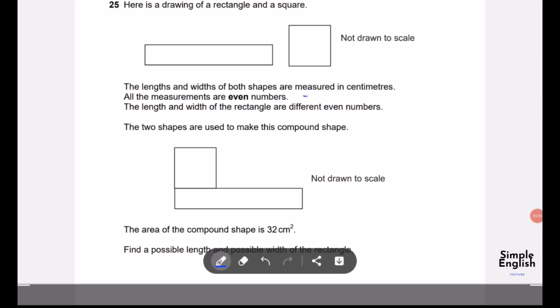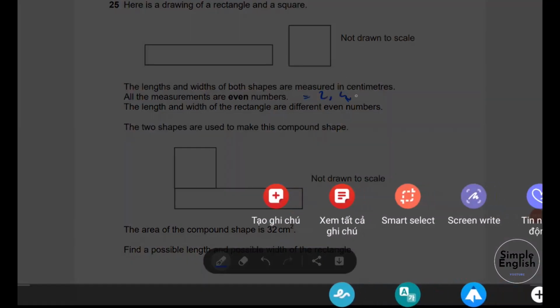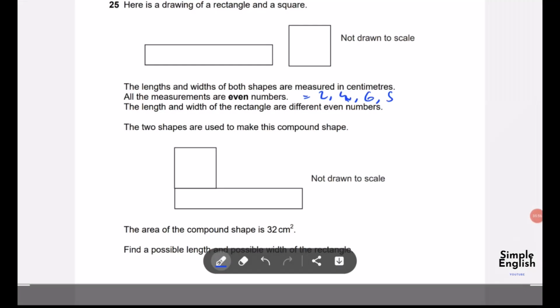It means 2, 4, 6, 8, 10, 12, etc. The length and the width of the rectangle are different even numbers. Remember this one is even. So I call this one A and this one B, right? Different, it means A is different from B. The area of the compound shape is 32 centimeters squared. Find the possible length and possible width of the rectangle.